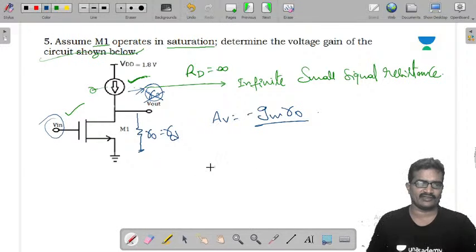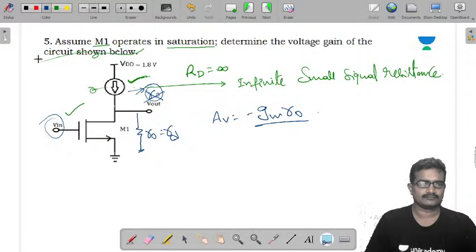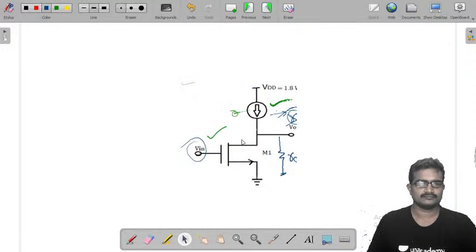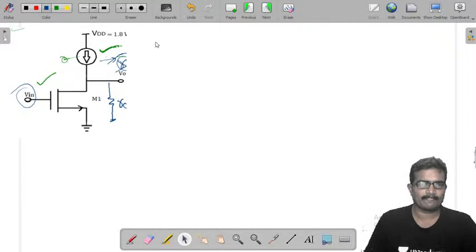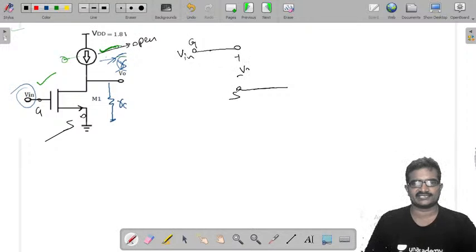Gate side, gate we have input. Now I am going to calculate the voltage gain of this. See this? Now this is open circuit because its resistance is infinity. Here we are connecting input, gate to source, it is VGS, and it's a small signal equivalent, GM VGS.